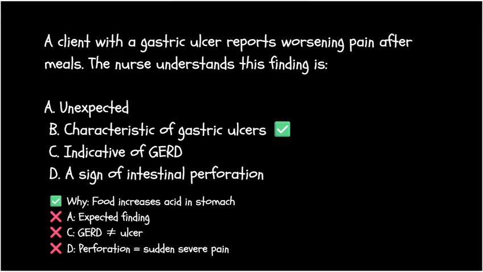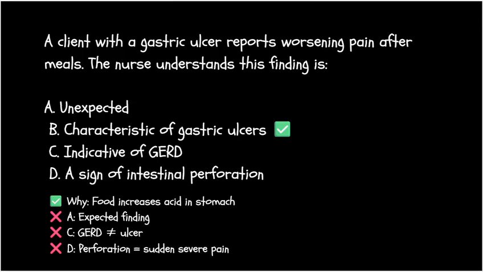Now, why not A? This is unexpected. No, this is expected. As I said, this is normal. GERD, indicative of a GERD. No, GERD doesn't mean that it's an ulcer. Acid in the stomach, like gastritis, can be shown as GERD and can lead to an ulcer, but it doesn't mean that it's an ulcer.